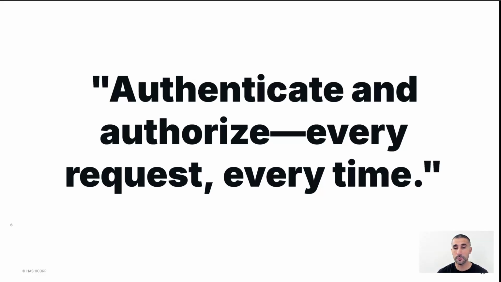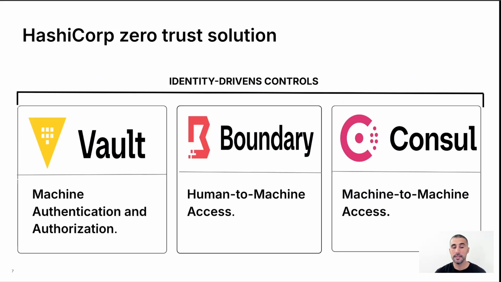Let's break down the core principles of secure access and service-to-service communication and explore how HashiCorp enables them through service discovery, service mesh, and CTS, Consul-Terraform-Sync, which we will explain by the end of the talk. But before that, let's see how HashiCorp enables identity-driven controls.